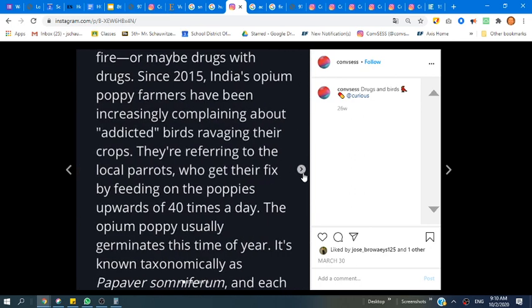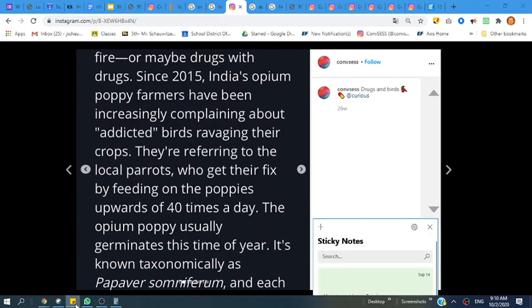They're trying to combat this issue with the drug industry of people using drugs, with also the parrots using the drugs. So isn't it interesting how the birds are actually the ones using the drugs too? But it seems like they're actually helping the drug industry. How are these birds helping the drug industry? Do you remember from the reading?